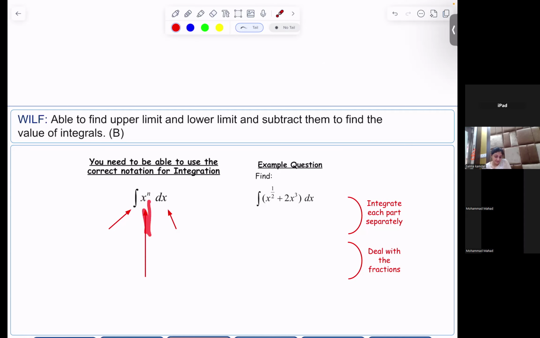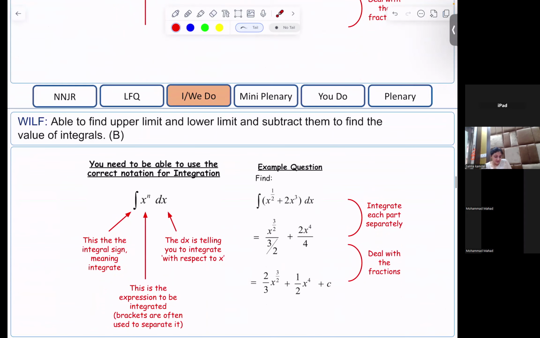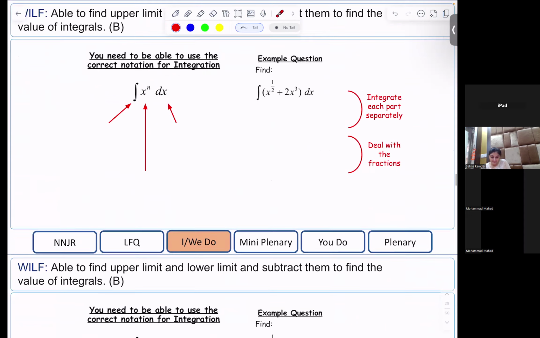What is this? This is the f dash x, and then dx with respect to x. So this is the sign of the integration. This is the expression that has to be integrated. You can use brackets to separate it. And this tells us that it has to be integrated with respect to x.